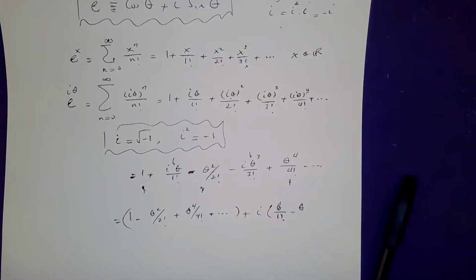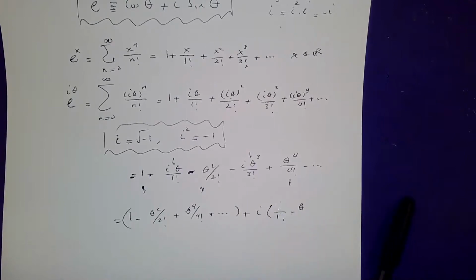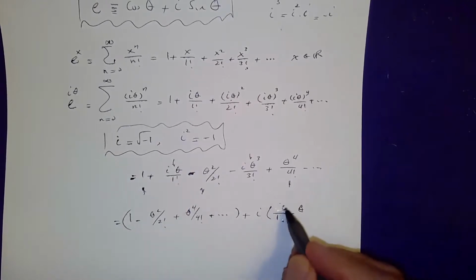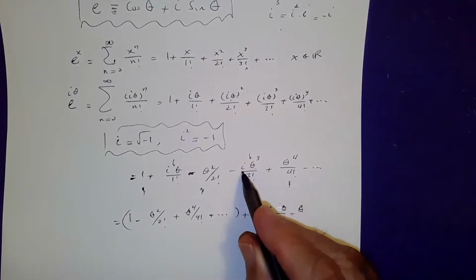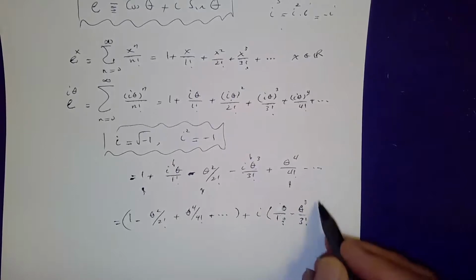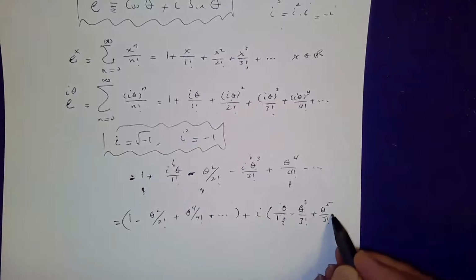I apologize. Let me just erase that. So I was going to say factor out the i from here. So you get theta over 1 factorial. I factor out the i from here. You get theta cubed over 3 factorial. And guess what the next one is? Theta to the 5 over 5 factorial.